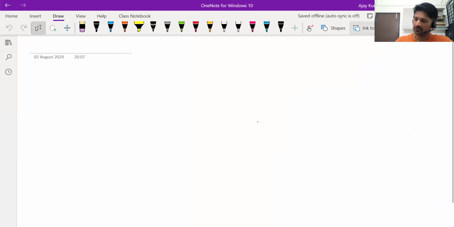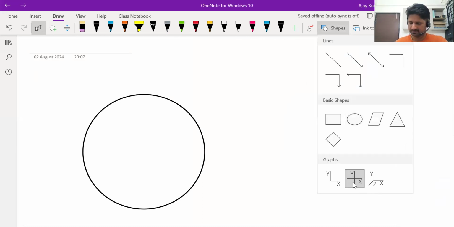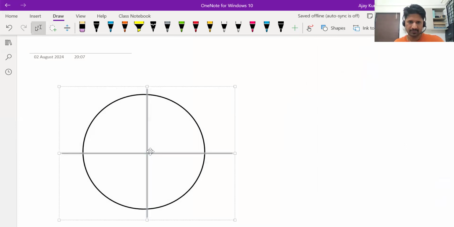Now, what kind of circular motion are we discussing? Like before, we used one term: uniform circular motion. What does uniform circular motion mean?